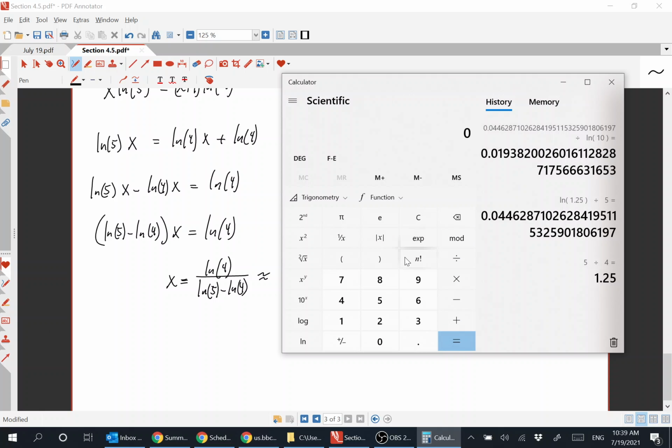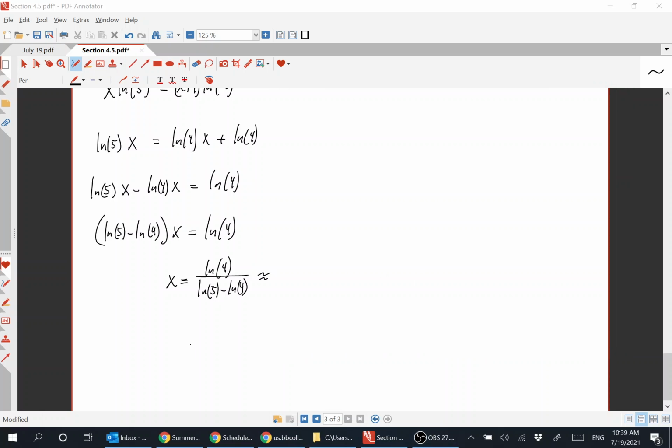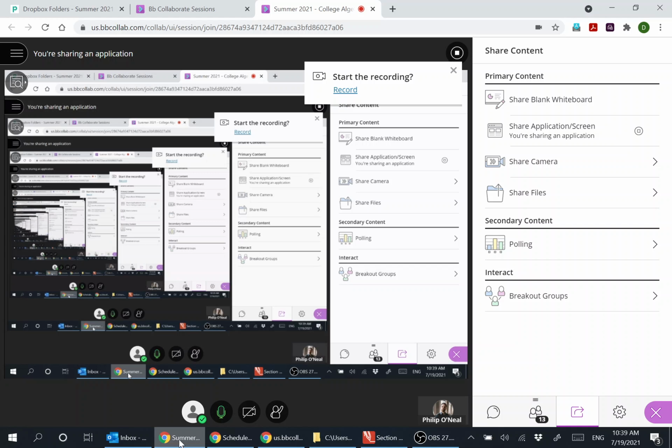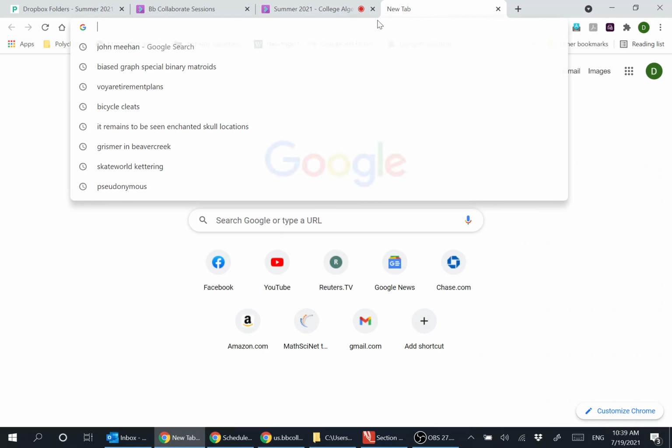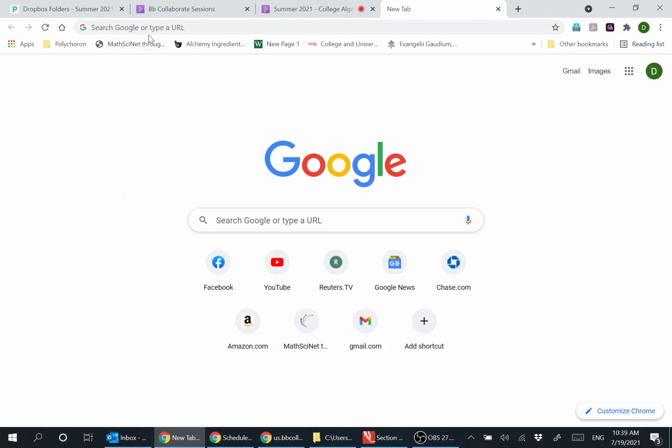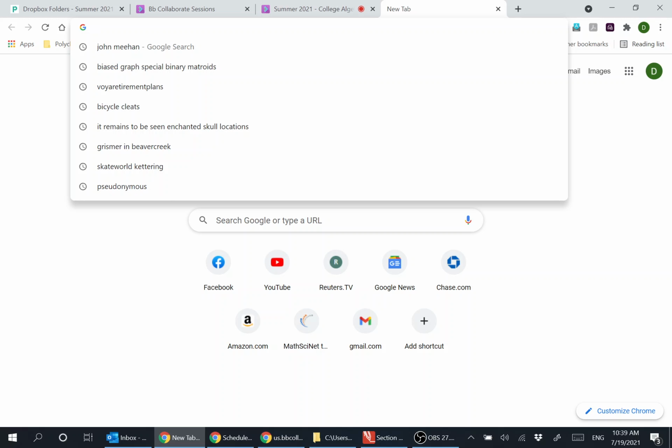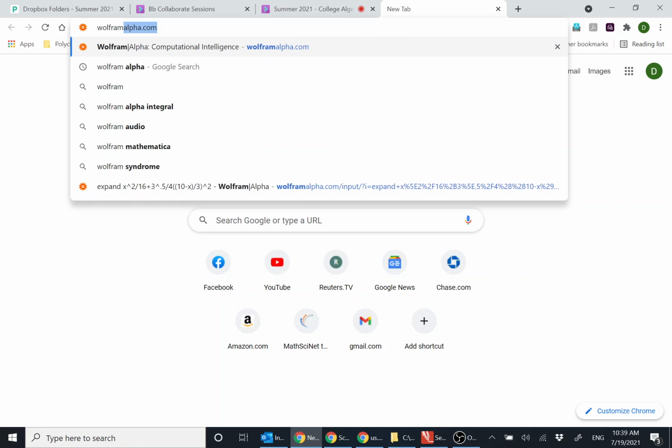So we've got natural log of 4. Oh, by the way, if you don't want to use a calculator, you can use your web browser, or you can use Wolfram Alpha as a way of double checking yourself. You can do it right here in the search bar, or go to Wolfram Alpha.